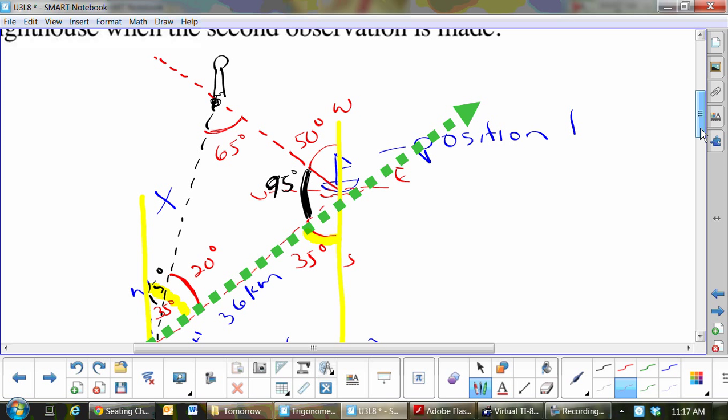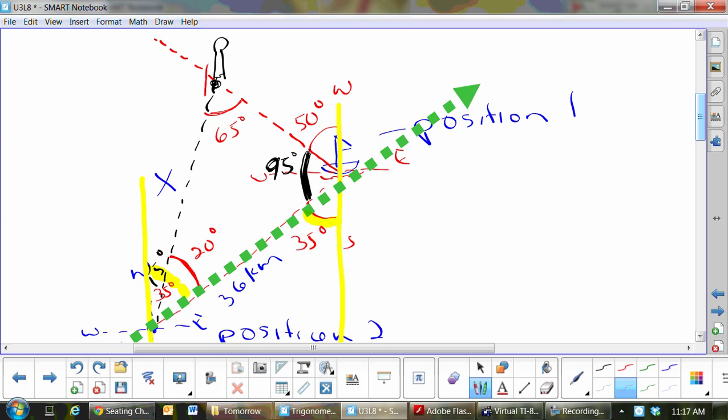Now, I haven't done any trig stuff. I've kind of done the parallel lines here, and I found some angles. How can I find x? Sine law, right? Okay. So we have this loop, and we have one of the 2 there.